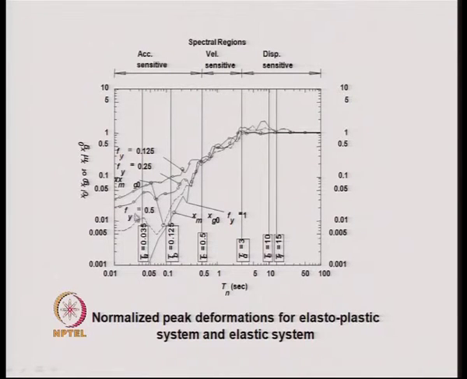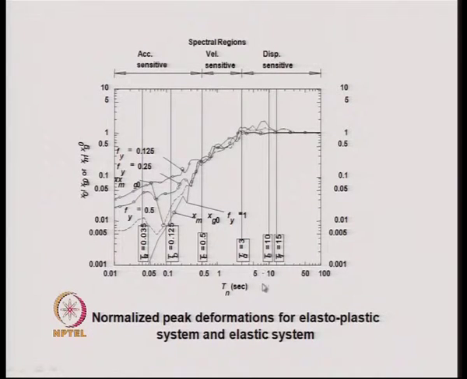The curves are plotted for different values of f bar y, or in other words for different reduction factors ry. F bar y equal to 1 denotes the elastic case, and all others denote the inelastic or elastoplastic case. We divide this entire range into 3 ranges: the displacement sensitive range, the acceleration sensitive range, and in between the velocity sensitive range.